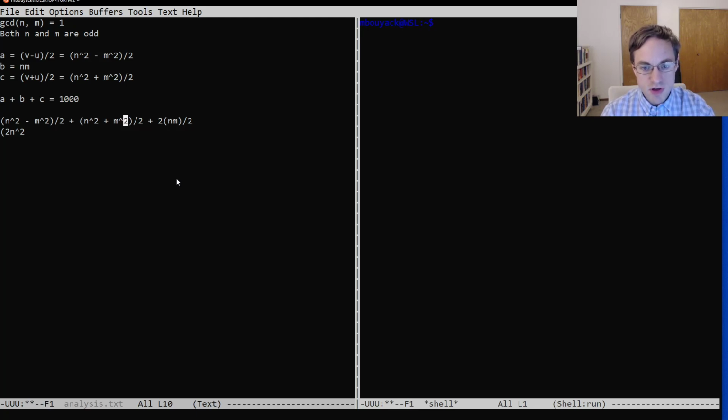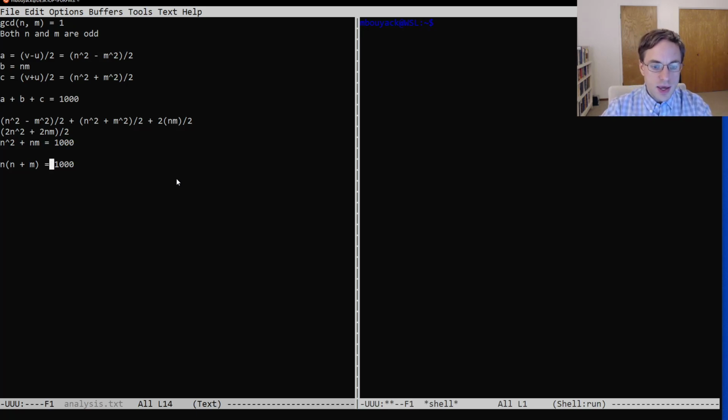And then we have 2nm over 2, and you can see that this divides evenly, so that gives us just n squared plus nm equals 1,000. And we can factor that as n times n plus m equals 1,000.